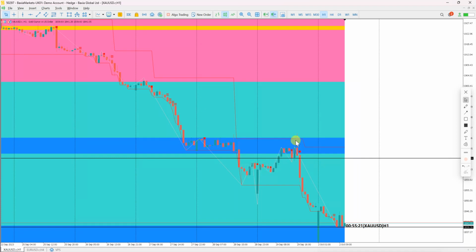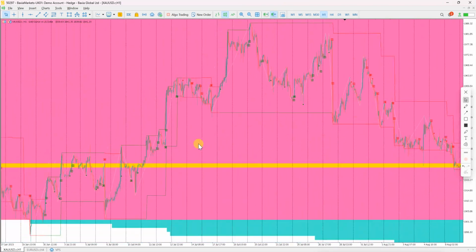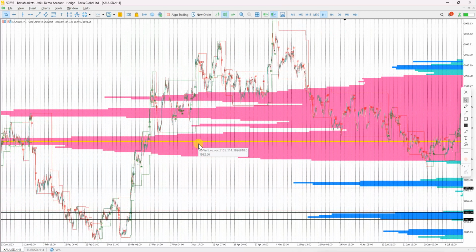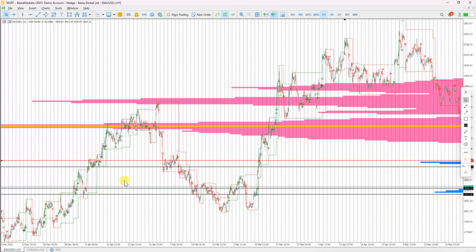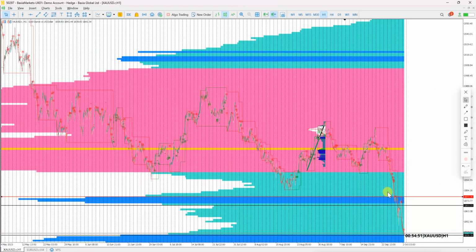It found a resistance. This is probably a support, right? Support becomes resistance. It touches there. Support becomes resistance.